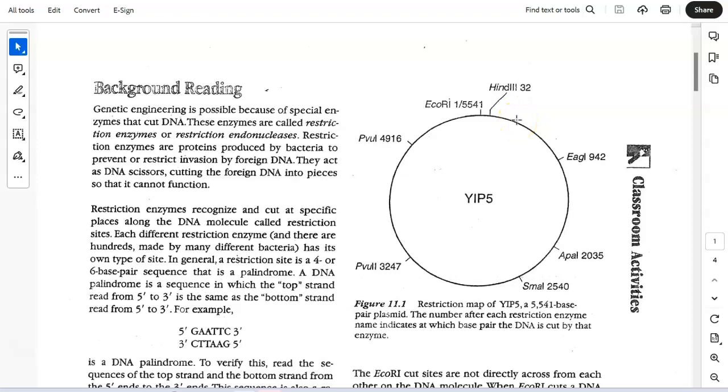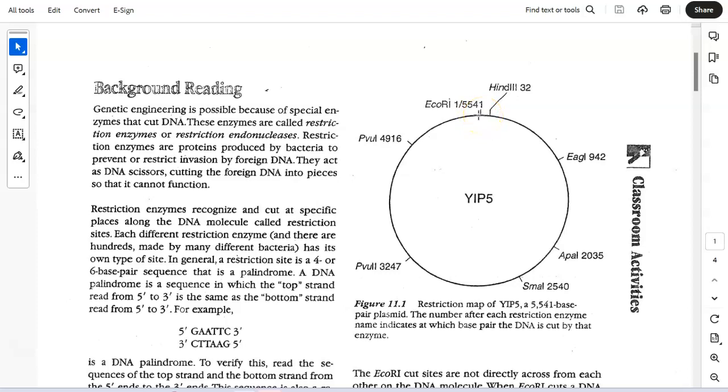This particular one is called YIP5, and it is 5,541 base pairs long. This point on the plasmid indicates where we start counting: 1, 2, 3, 4, 5, 6, 7, 8. We would count all the way around the ring until we got to base 5541, and then we would be back at base 1 again.